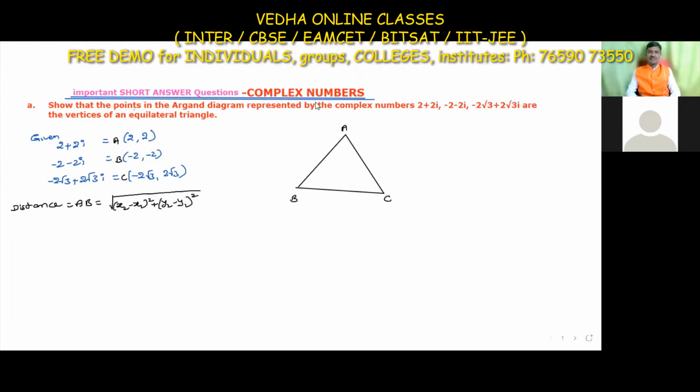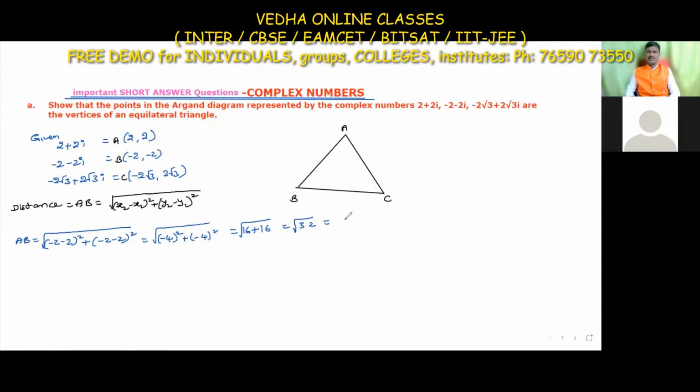I am using this formula to find the distance between A and B. So it is the square root of (minus 2 minus 2) whole square plus (minus 2 minus 2) whole square, which is the square root of minus 4 whole square plus minus 4 whole square. 4 square is 16, 4 square is 16, and 16 plus 16 is 32.